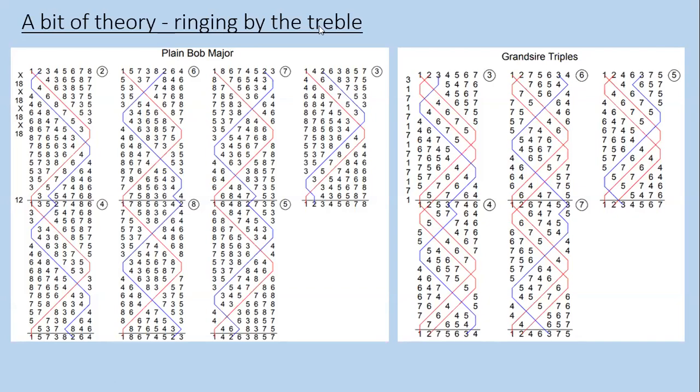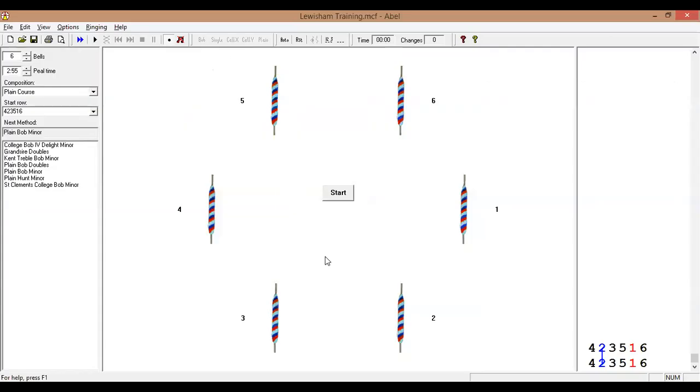We're going to switch over to Abel now, which hopefully you can all see, which is where I've been plotting out all of these tricky changes for us to try and follow. I just thought we'd have a look, first of all, so we're starting easy, at tracking the position of the treble, and have a look at possibly just the first lead of plain Bob minor.